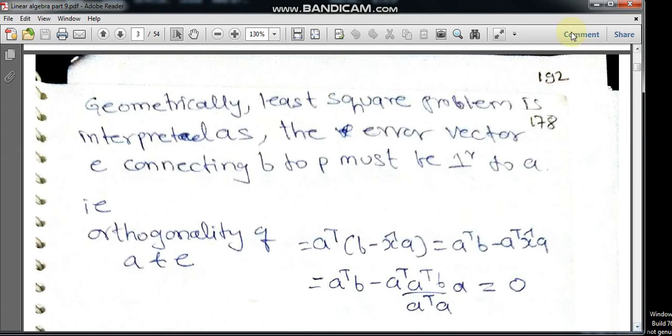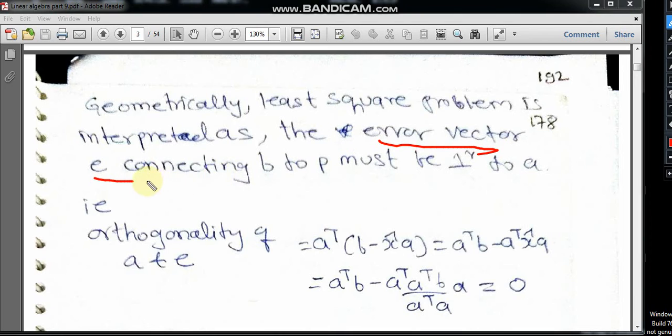Here, how do you illustrate this problem geometrically? The error vector E, connecting B to P, must be perpendicular to A. The error vector is your actual value minus x cap in those equations.